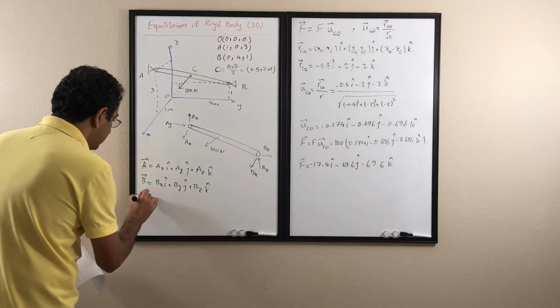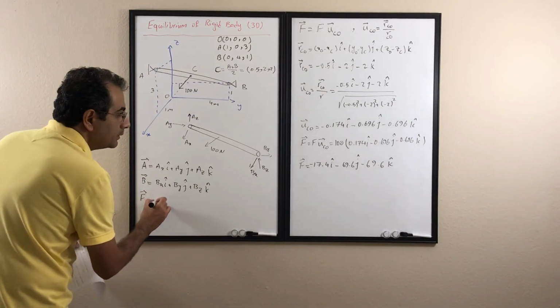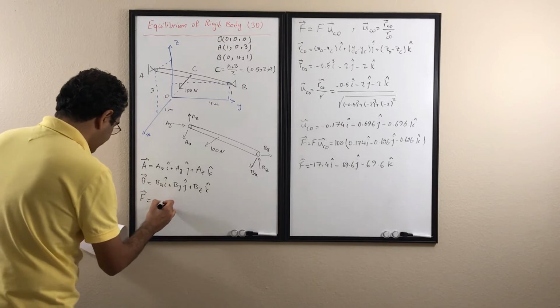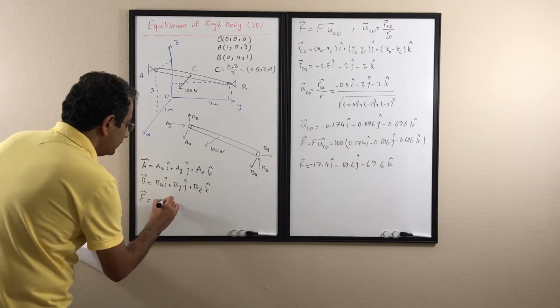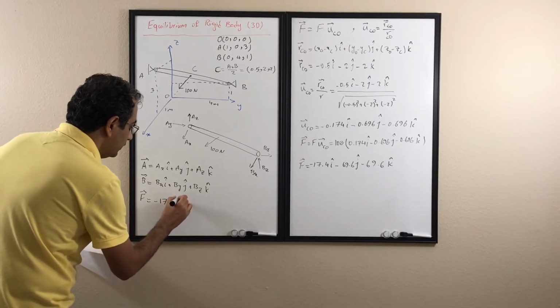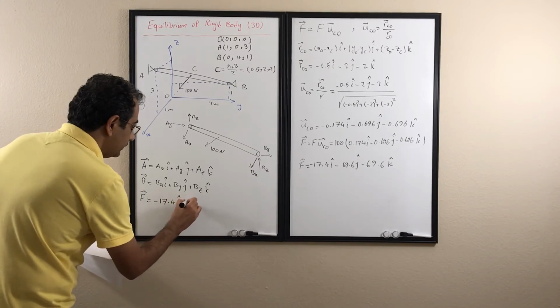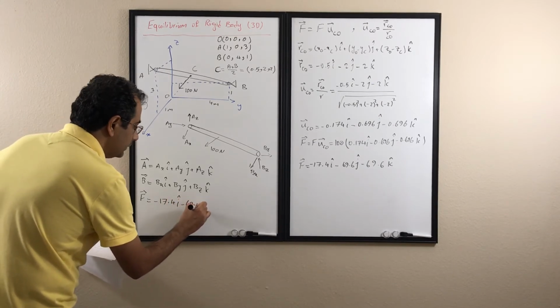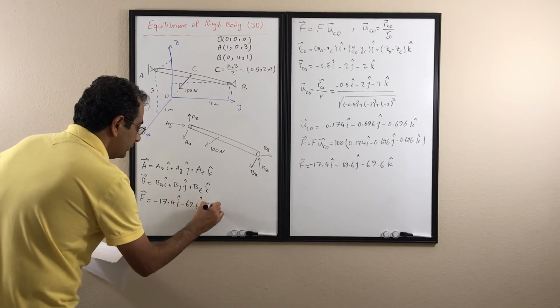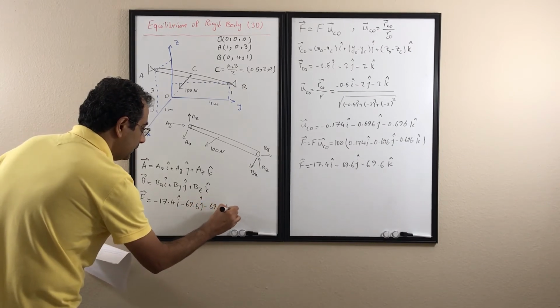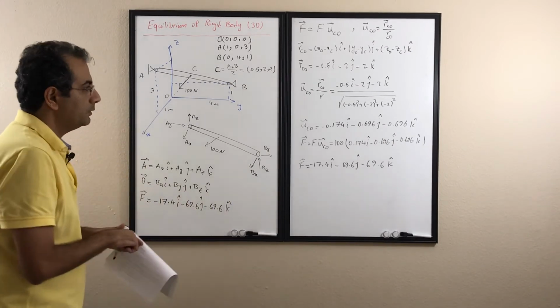So F is negative 17.4 I, negative 69.6 J, and negative 69.6 K. So these are the forces I have.